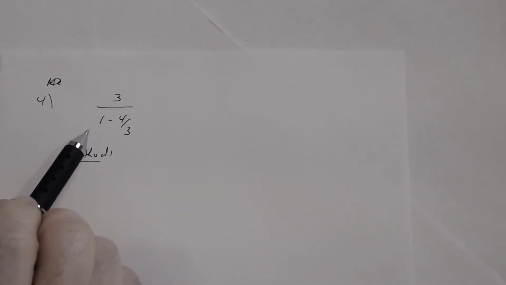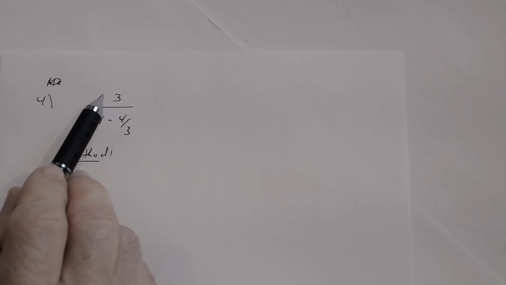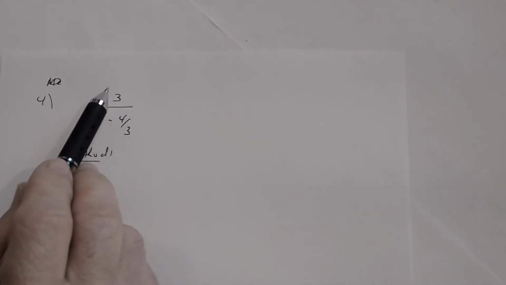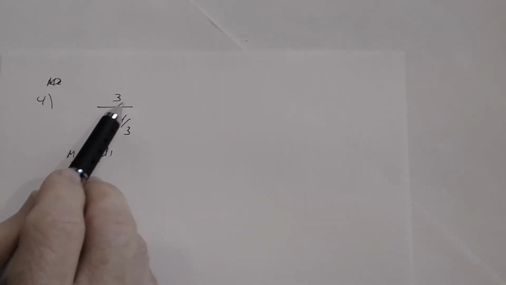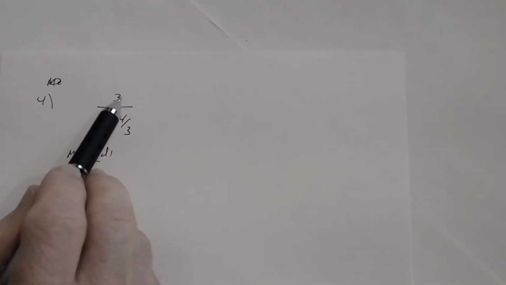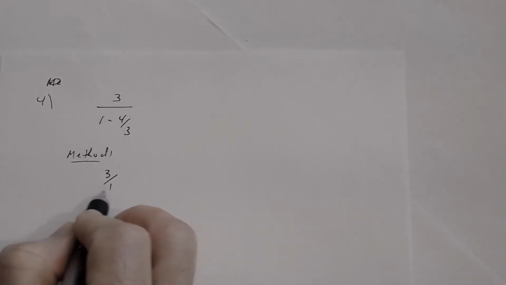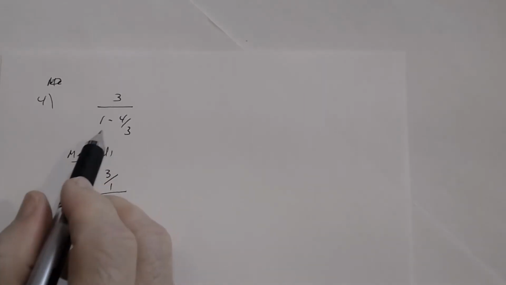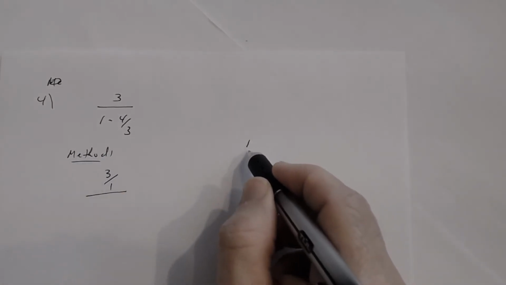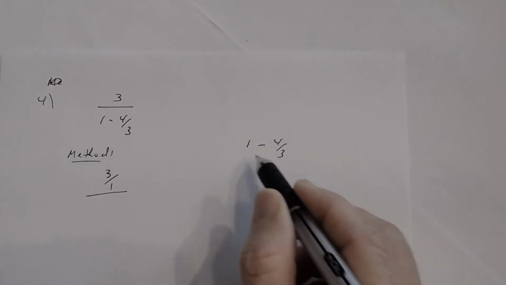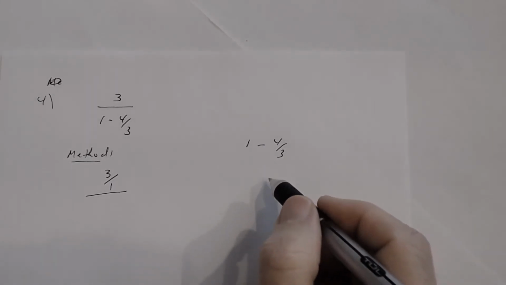So method 1 says I have to make sure that each numerator has a single fraction. Now this is already a single fraction, right? Because that's 3 over 1. Okay? But the denominator is not a single fraction, so I have to go off to the side and figure out what 1 minus 4/3 is as a single fraction.